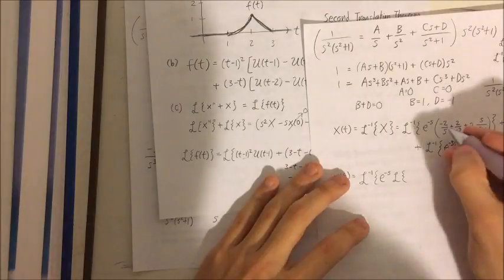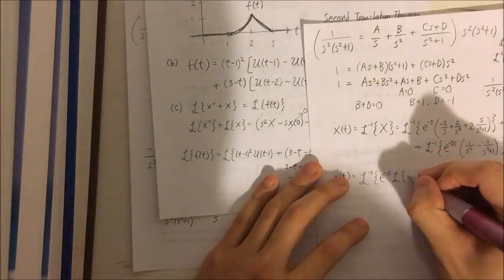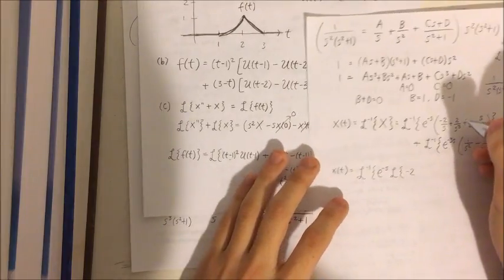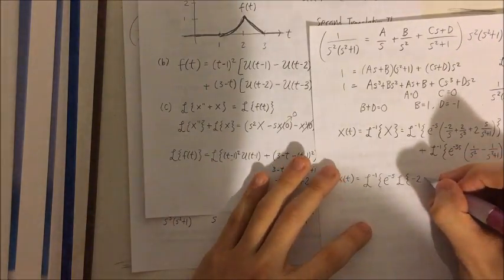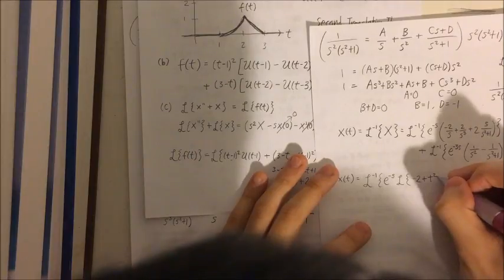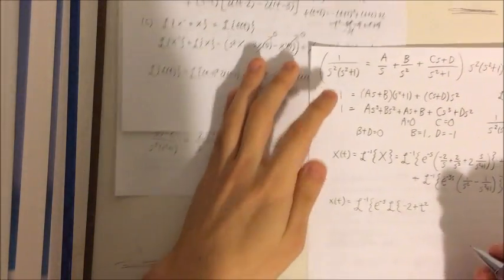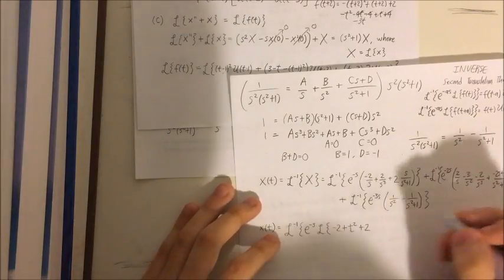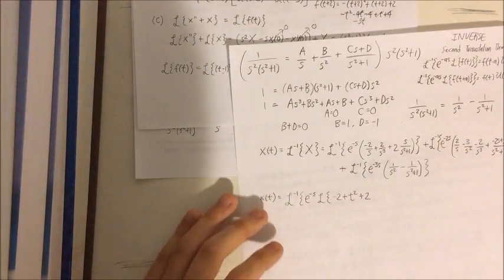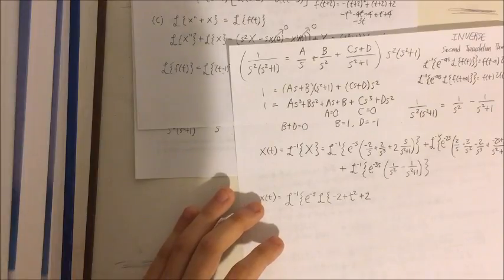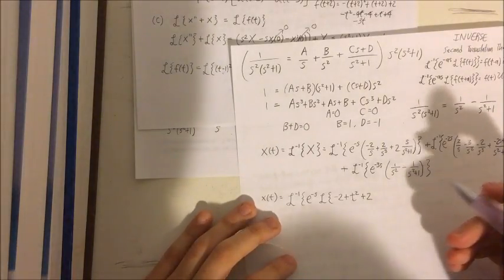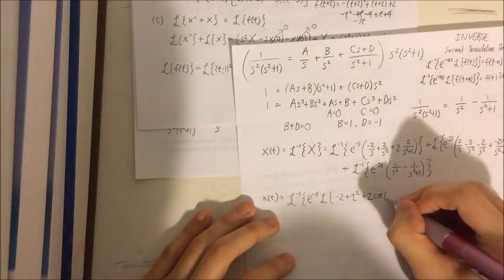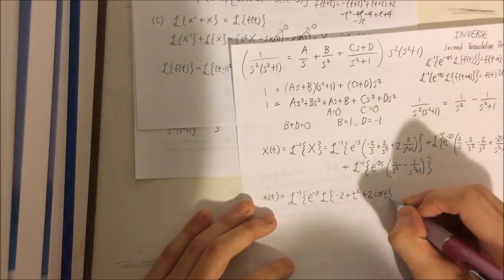Well, 1 over s, we factor out the negative 2, so we get negative 2 times 1, plus 2 over s cubed. We know that's the Laplace transform of t squared, and then plus 2 times, you know that this is the Laplace transform of cosine of t.